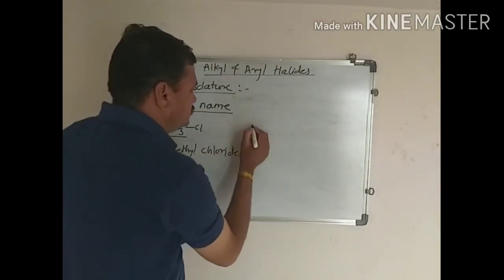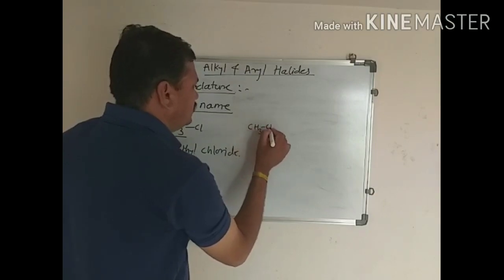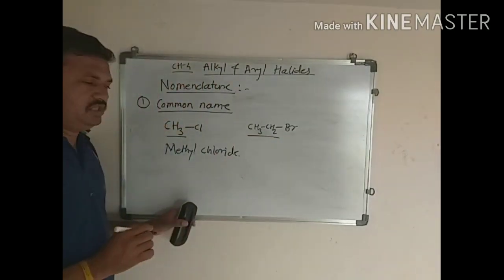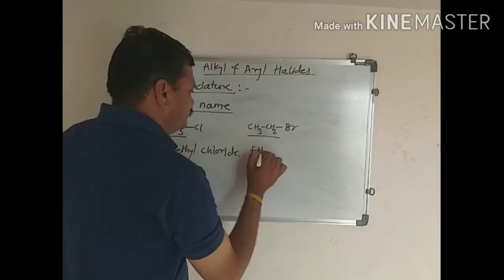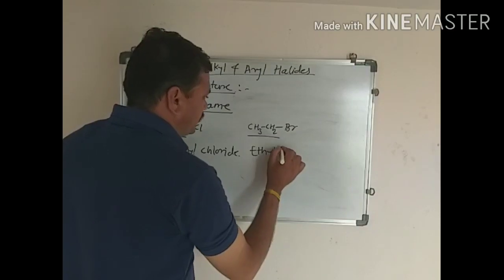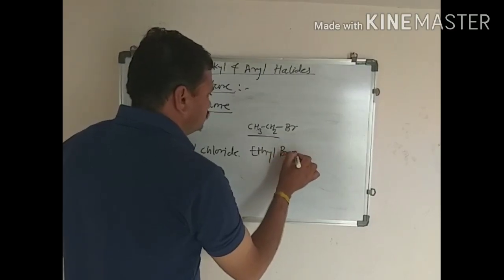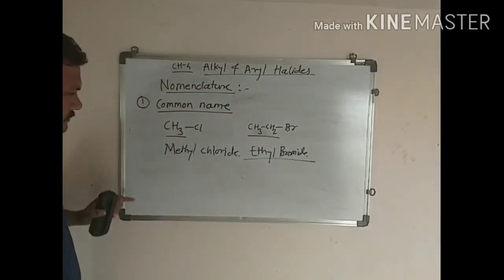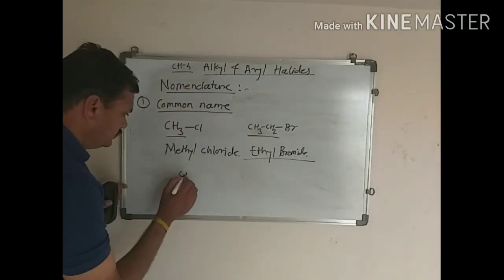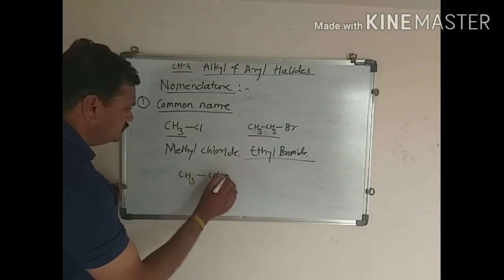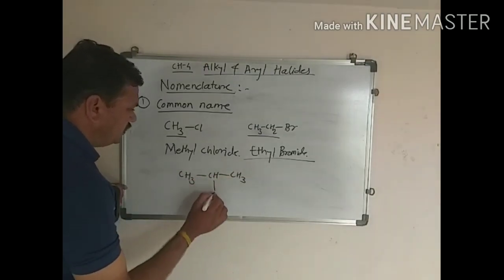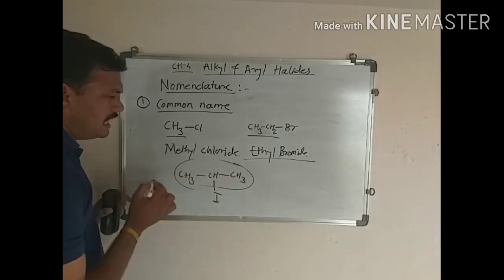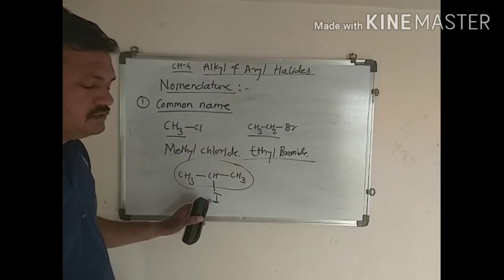Another example, CH3CH2Br. The alkyl group is ethyl and halogen is bromide. Common name is ethyl bromide. Same for CH3CHICH3, the alkyl group is the isopropyl group and the halogen is iodine.